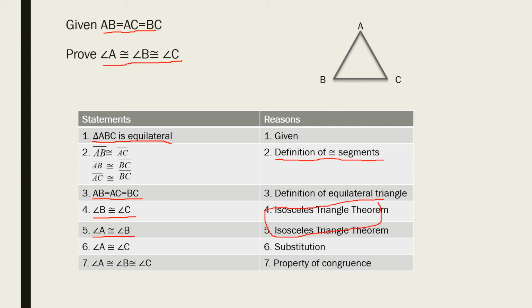And the next, angle A would be congruent to angle C. This is by substitution. And the next is angle A is congruent to angle B, which is also congruent to angle C. This is by property of congruence.